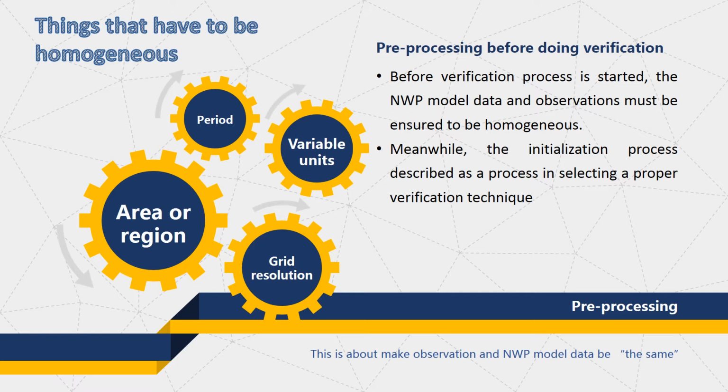The second is period. In some cases, it becomes an issue that is often forgotten. The period of time between model data and observation data must be the same. If the model has variables on a daily basis, observation data used as the verificator has to be on a daily basis also.